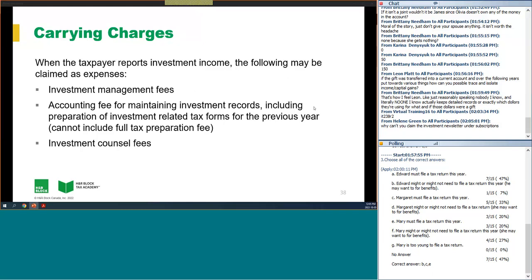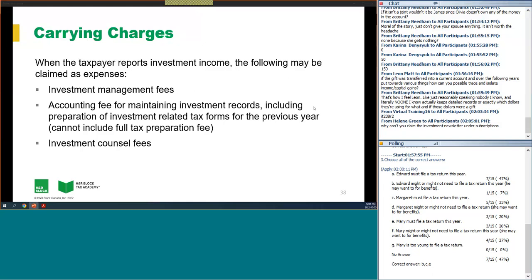And then going back to the attribution rules, Leon had a very good question. If the gift was transferred into a current account and over the following years put towards other things, you don't have to track it. Remember, the attribution rule stops when you take the next step. So if you take the money from your bank account and you do something else with it, once you do something else with it, the attribution is broken.